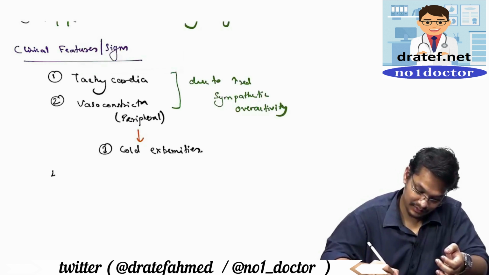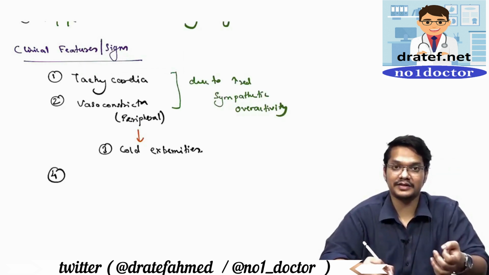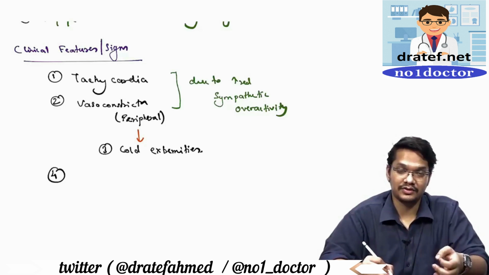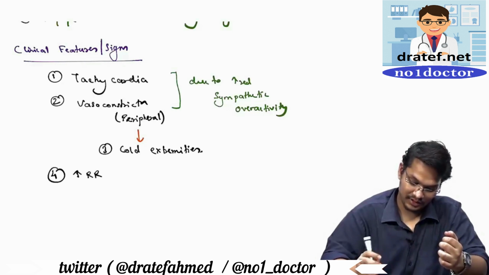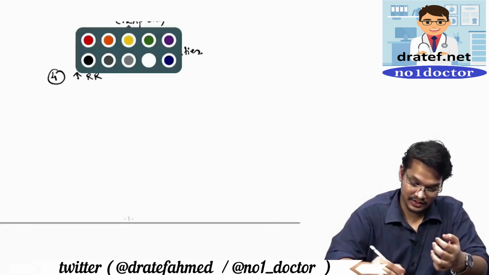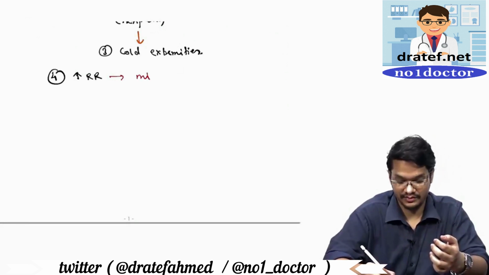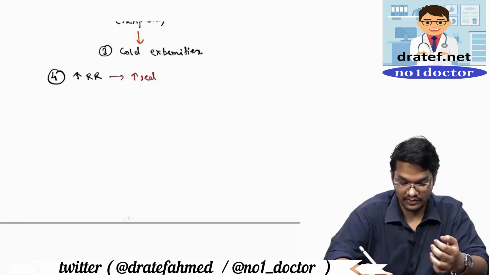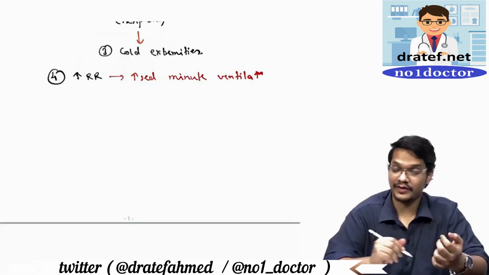Then the next clinical finding which you can find in this patient is increased respiratory rate. Now, why is there an increase in respiratory rate? This occurs so that minute ventilation can be increased. And why is there an increase in minute ventilation?